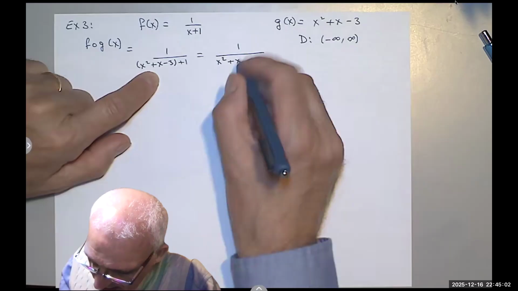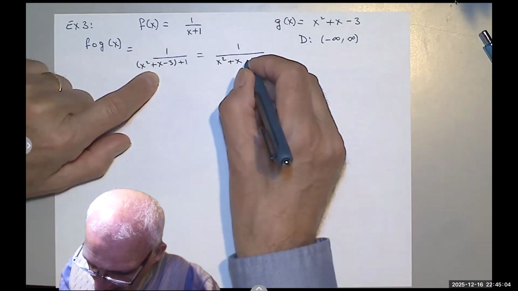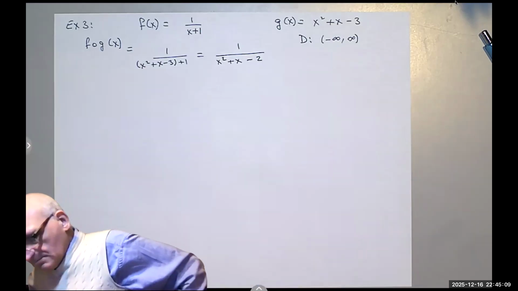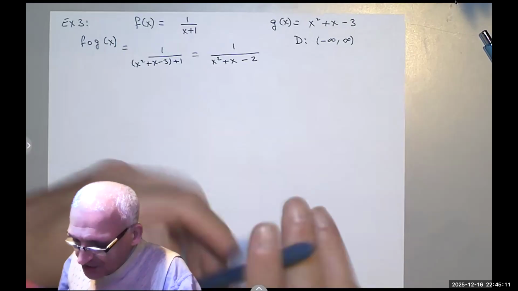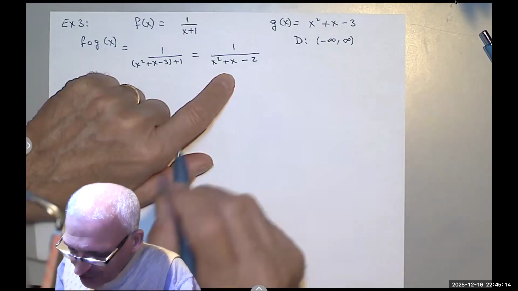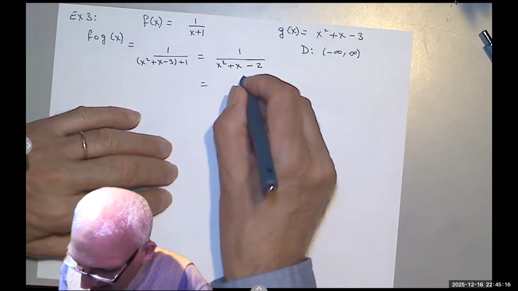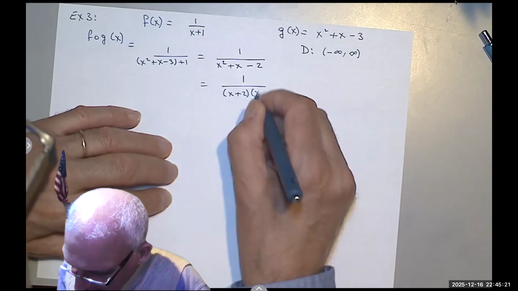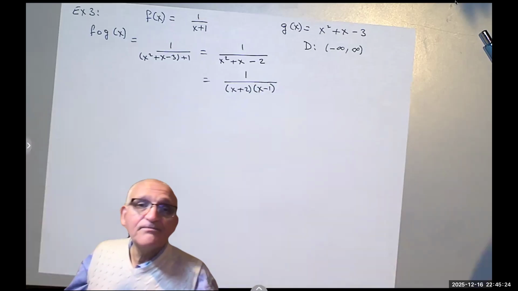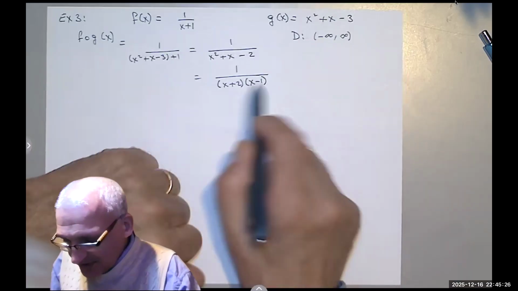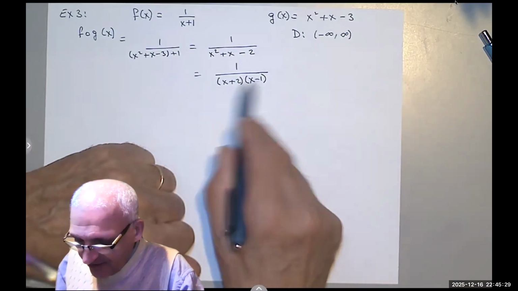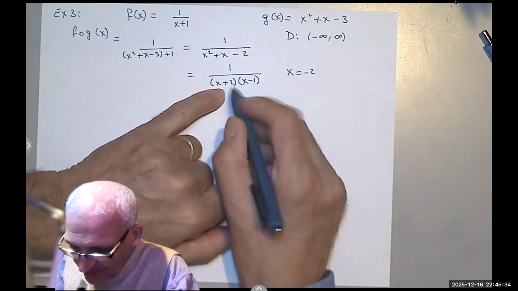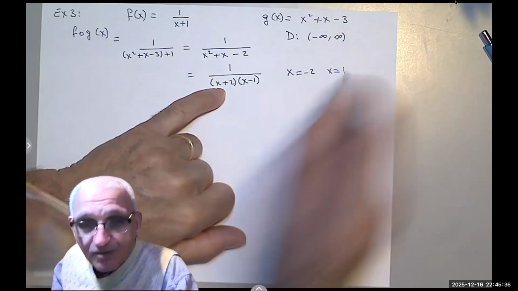Notice here, I have negative 2. So how do I get negative 2? It means I can decompose that as x plus 2 times x minus 1, right? You can see two numbers that if I multiply, I get negative 2, and if I add, I get positive 1. So x equals negative 2 would make that 0, and x equals 1 would make it 0.